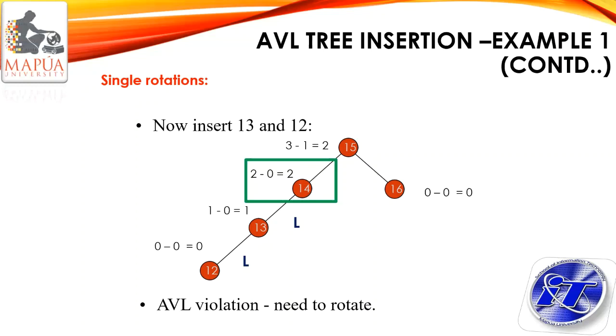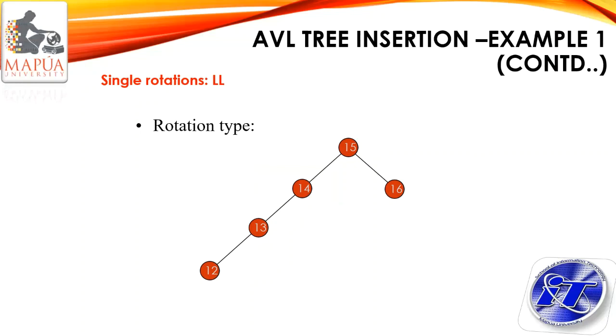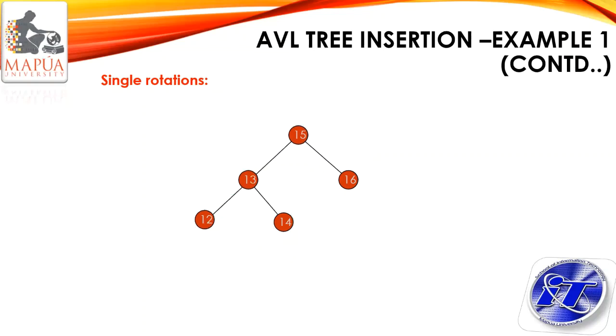We're going to look for the middle node between 12, 13, 14, which is 13. This will be the new parent node between these three. 12 and 14 will be the child nodes. So this will be the result. 13 will be connected to 15, 12 will be on the left, 14 will be on the right side of 13.